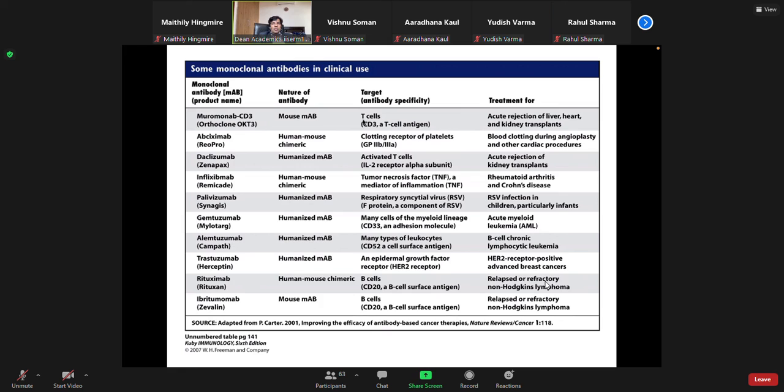Let me tell you, each one of those antibodies has more than a $1 billion market, each one of them. It's not like a single isolated antibody. If you are able to make one antibody which binds to a relevant antigen and improves survival either during an infection or during carcinogenesis, it's a big deal.